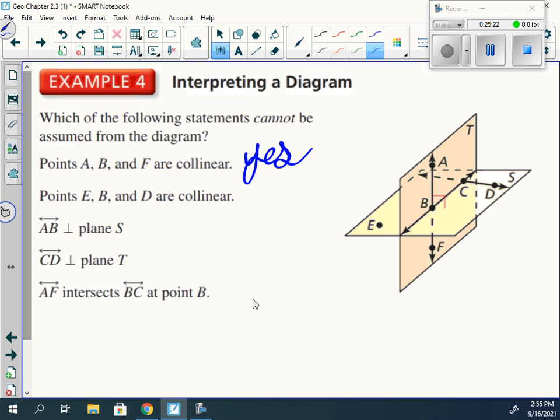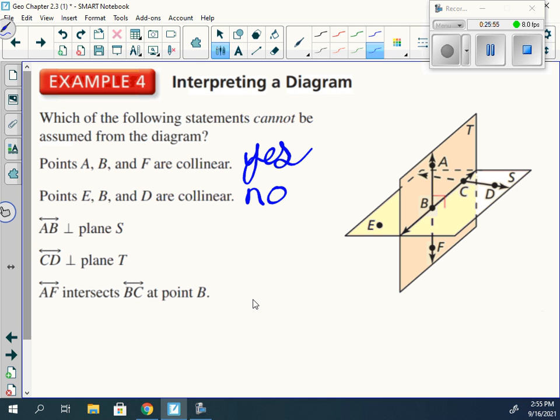Can we assume that points E, B, and D are collinear? E's all by himself over there, so no. Can we say that line AB is, does anybody know what the symbol is? Anybody have a guess? Perpendicular. That is the symbol for perpendicular.